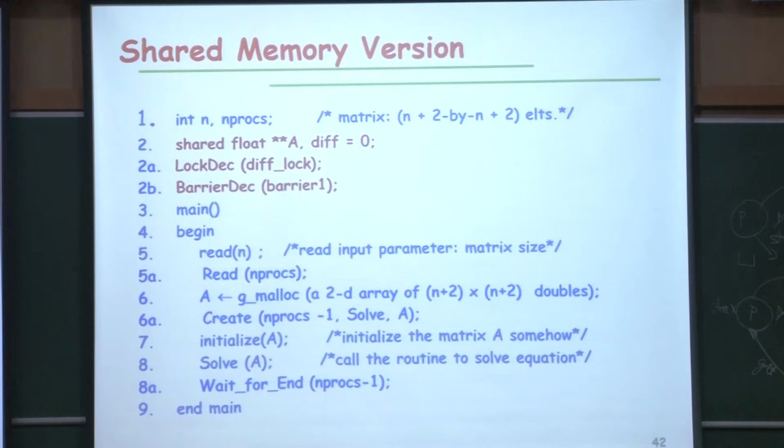It has an n by n kind of a matrix, and what we do is that for every grid point, we essentially take the average of all of its neighbors including itself, and we write it back into that particular element, an in place update, correct. And the last thing that we do is that we see what is the difference between the previous value and the current value, and we sum it up over all the grid points and then see if it is greater than or less than some threshold value.